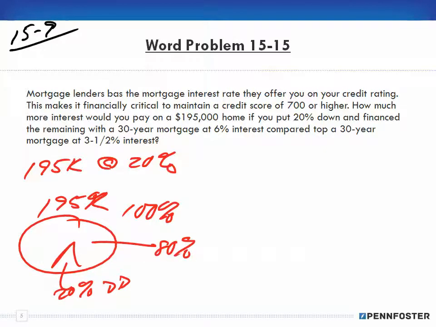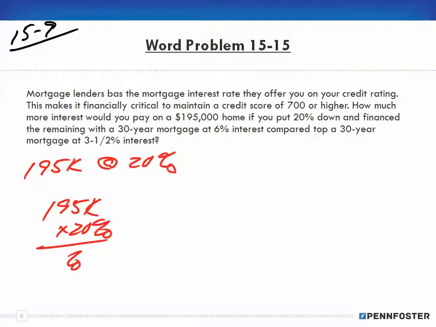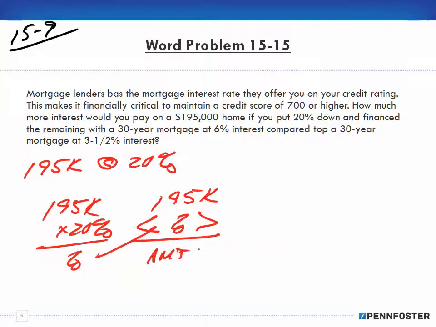So I could do this one of two ways. I could take the 195,000, multiply it by 20%, find that amount out, then take the 195,000 and subtract that amount in order to get the amount financed.